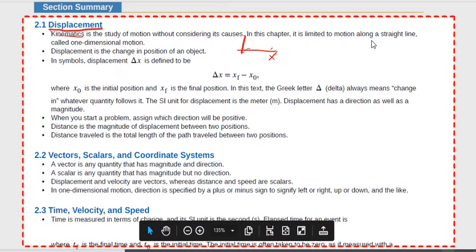So in this chapter, displacement is, let's say an object starts at point A and goes to point B. If it takes a path like this and reaches point B, the object changes direction everywhere, and maybe at some point it will change its speed also.